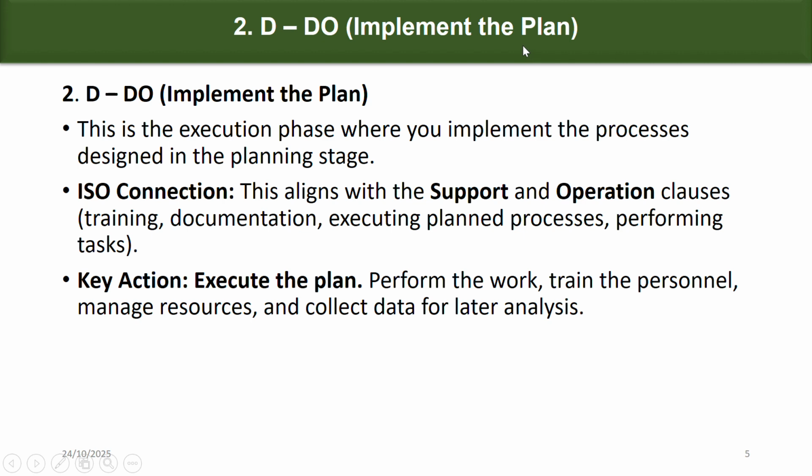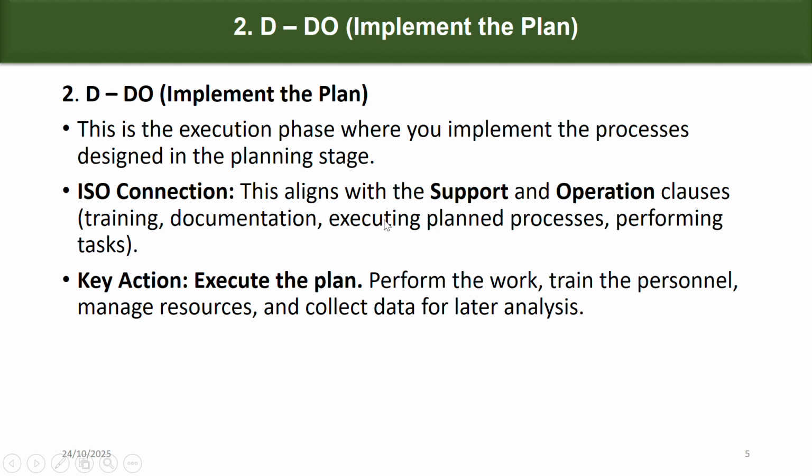Implementation of the plan. This is the second part, D for do: implement the plan. This is the execution phase where you implement the processes designed in the planning stage. What is the ISO connection here?